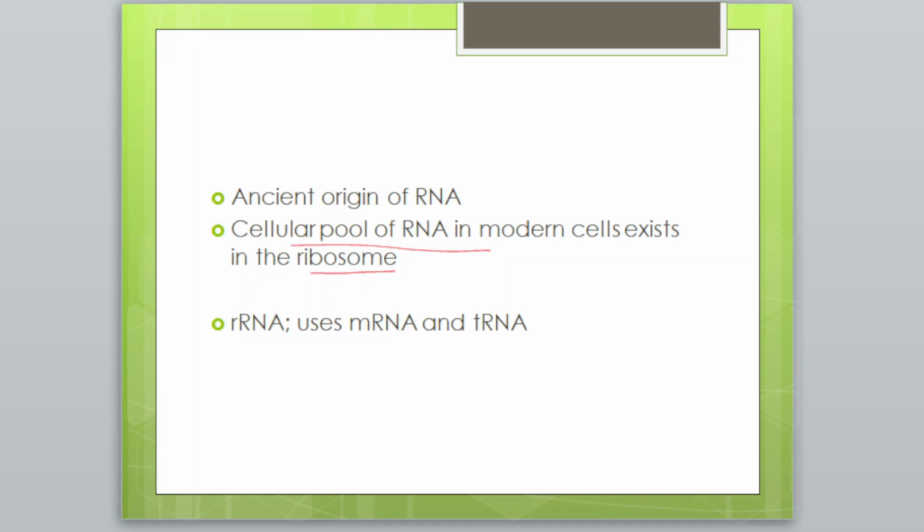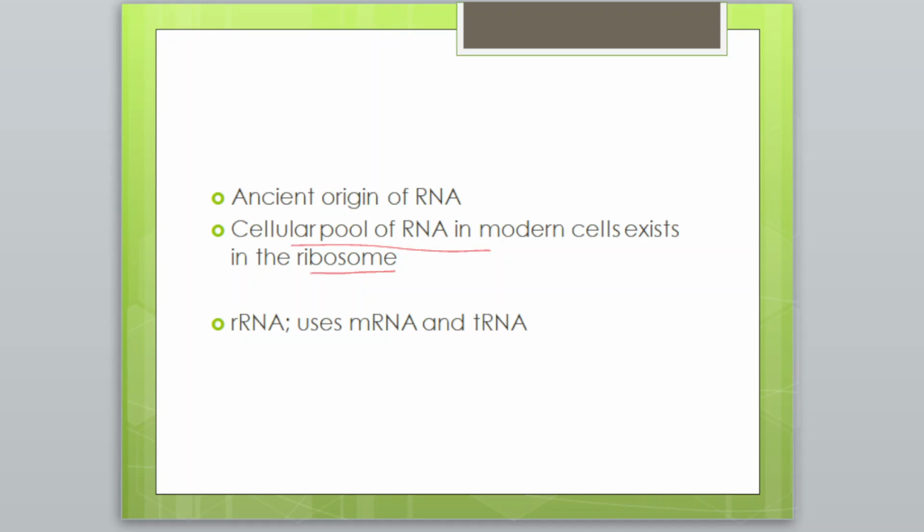This ribosome is a structure that largely consists of rRNA, and it uses mRNA and transfer RNA to construct the protein. Thus RNA seems to be well poised for its importance in the development of proteins.